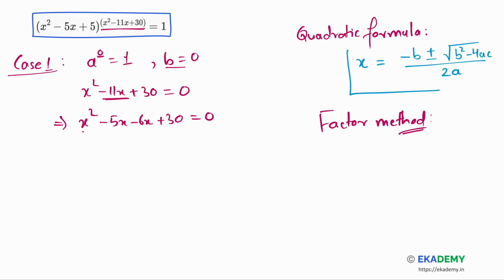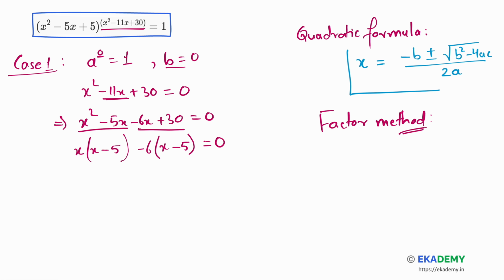x is a common factor in the first two terms. So, let us take it out. So, inside the bracket we will have x from here and minus 5 from the second term. In the last two terms, minus 6 is a factor. So, take it out. So, here we are left with x, and this will become minus 5, right, equals 0.